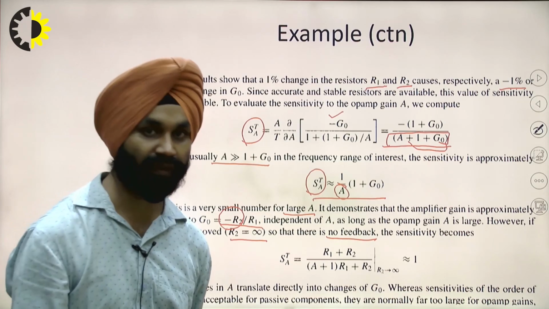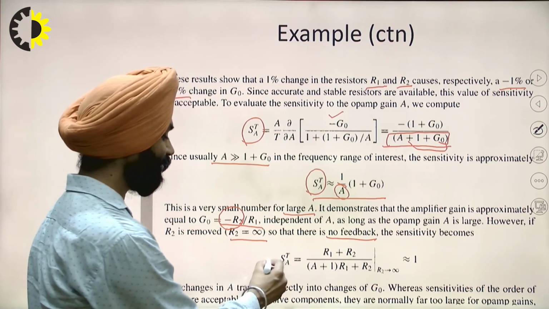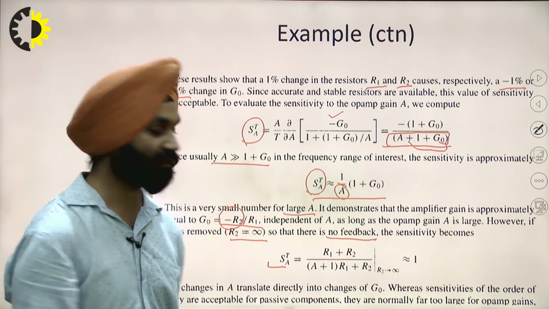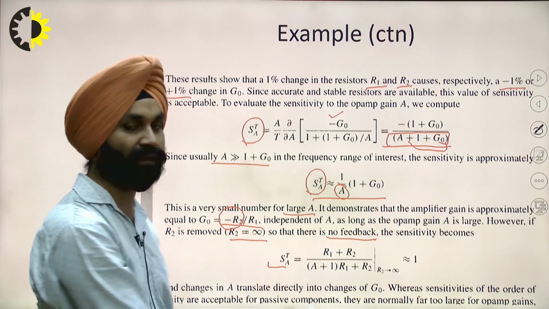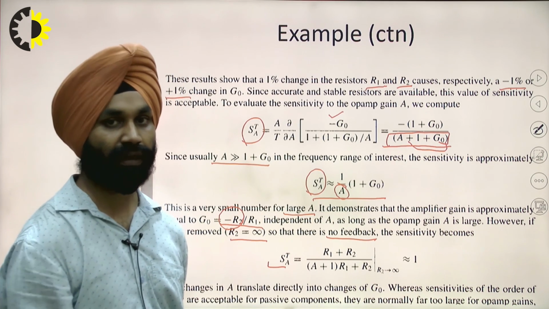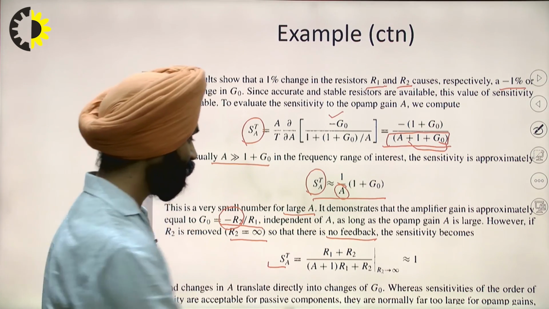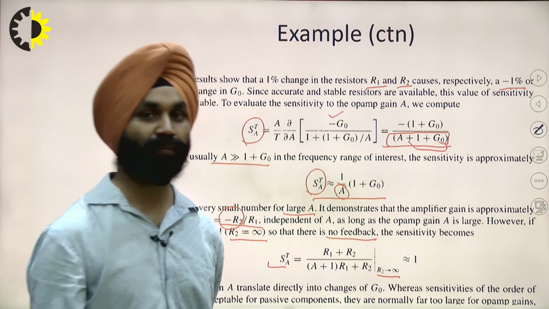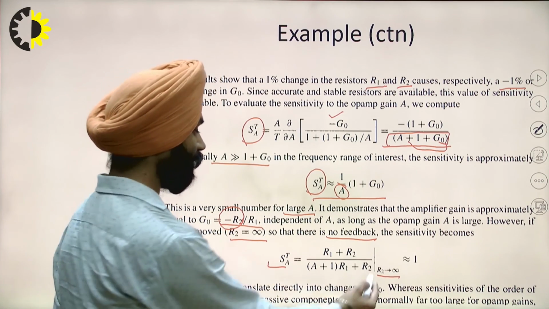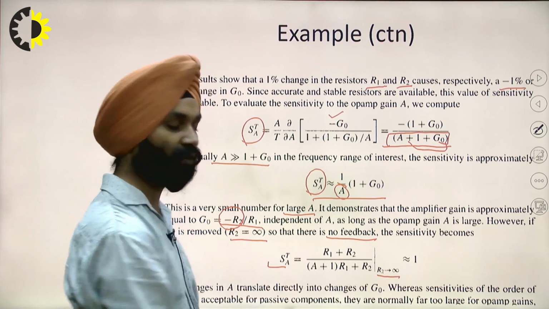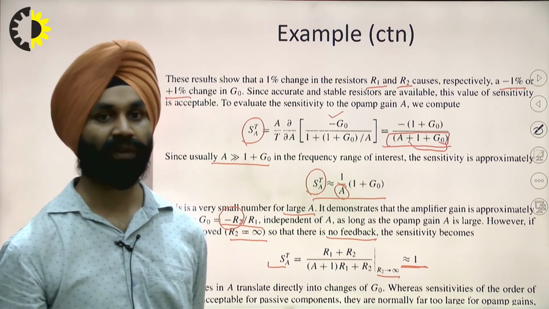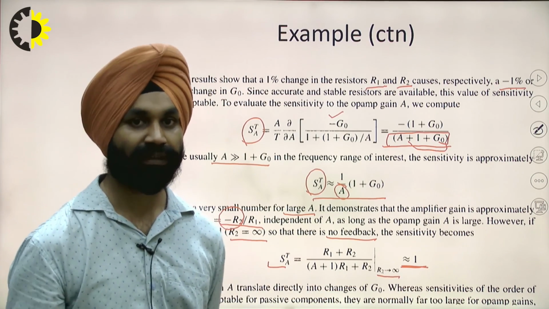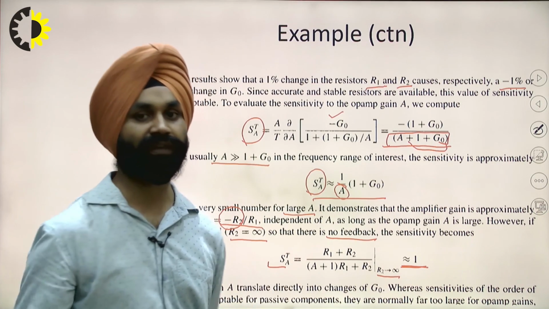If there is no feedback, the sensitivity with respect to A becomes R1 plus R2 upon A plus 1 into R1 plus R2, at R2 infinite, the open loop. Now if R2 is infinite, this will be cancelled out and it will give 1. And we have seen that for the open loop, the sensitivity with respect to a component is always 1.